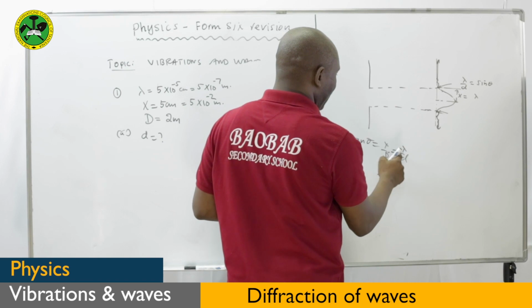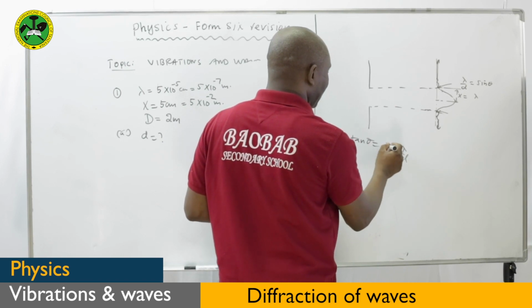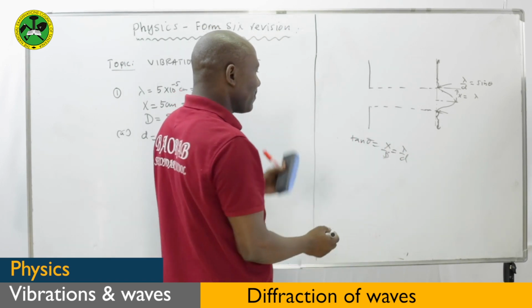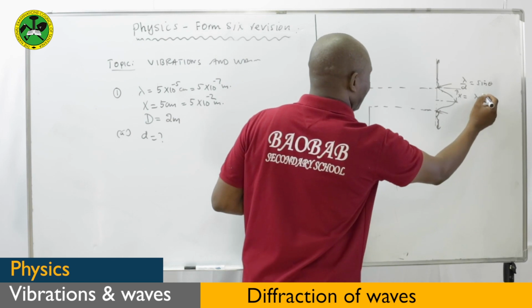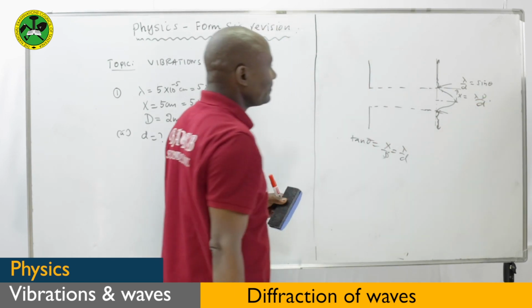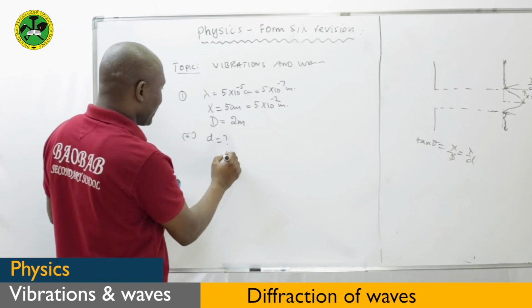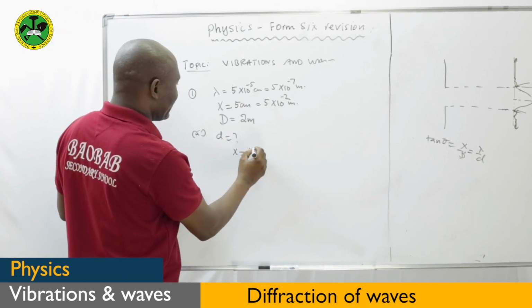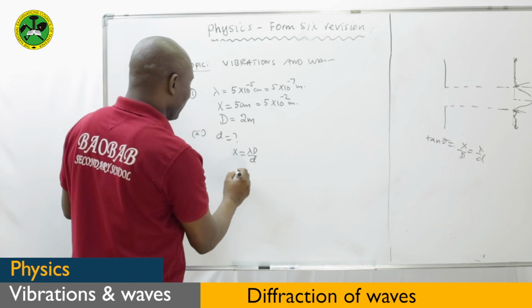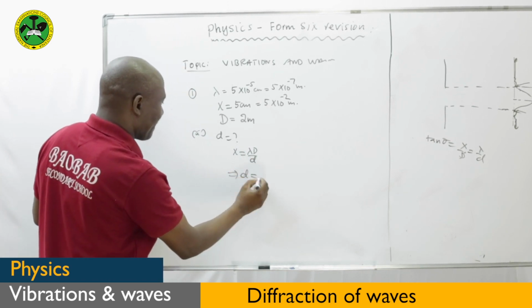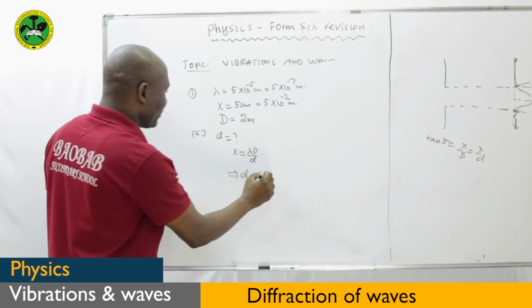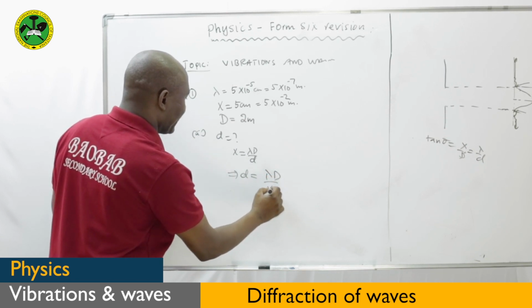We make this the subject, so from there comes the formula: lambda capital D over x. We have this distance given, but we are looking for small d. Making d the subject, it is lambda D over x.